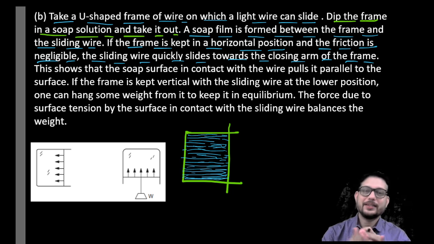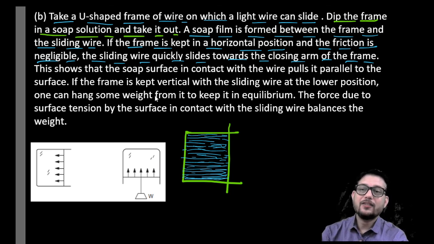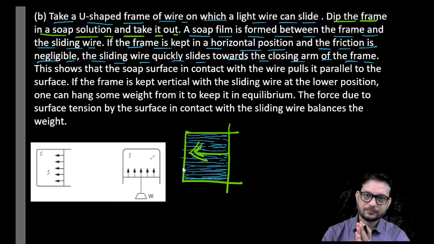So as we place the frame horizontally, we see that in a moment the sliding wire starts to slide towards the closing end like this way. So it will start from this direction, or we can say towards the closing end.